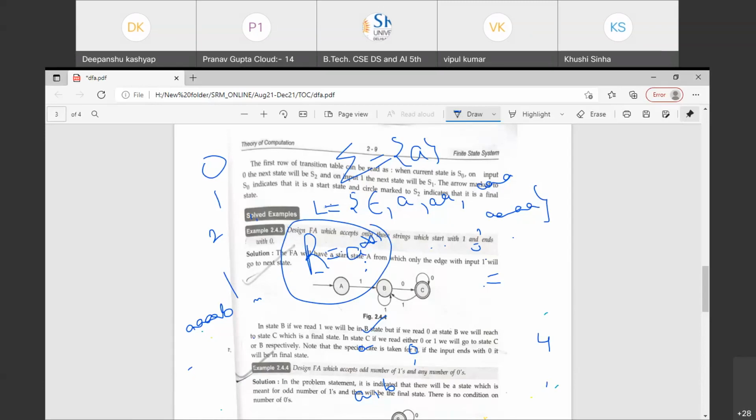Question says that we have to write a regular expression for language accepting all combination of A's over the set A. Means you have to write a regular expression in which all A's are selected. When I say all A's, it means it can accept epsilon, it can accept any number of A. Okay for everyone? Yes, ma'am. Okay.